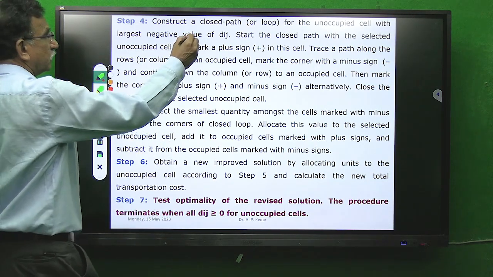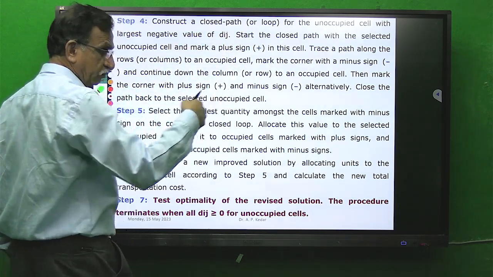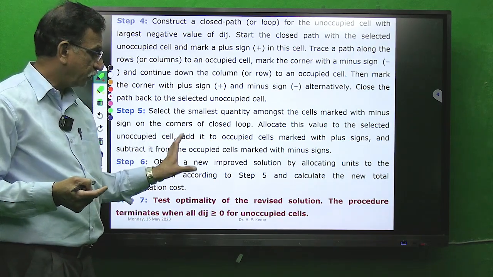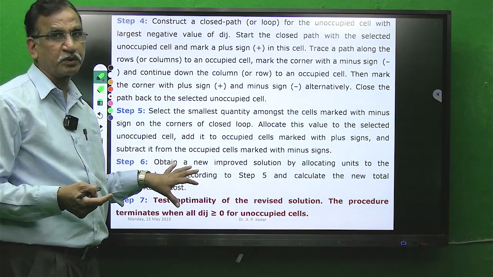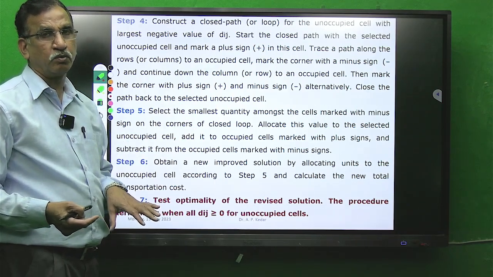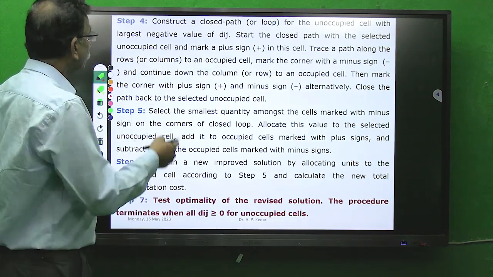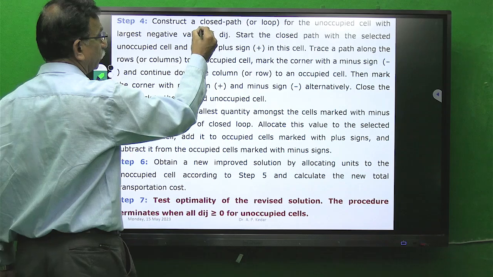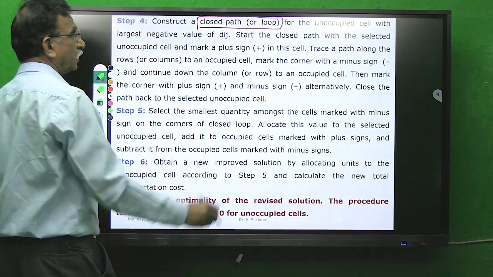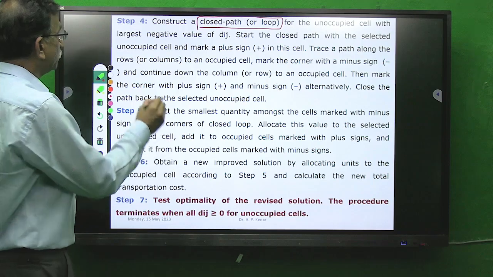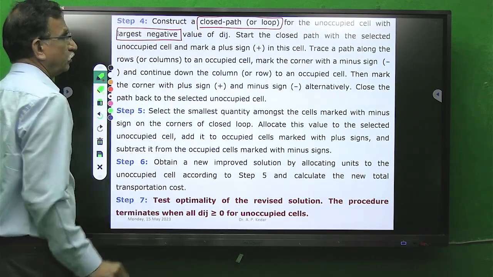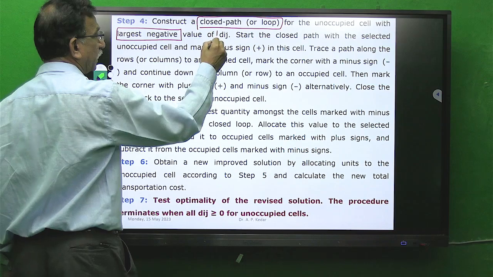It says construct a closed path. I will thoroughly explain these steps while solving the problem. Construct a closed path or loop. Remember this word. For the unoccupied cell with the largest negative, we have to select the largest negative value of Dij.